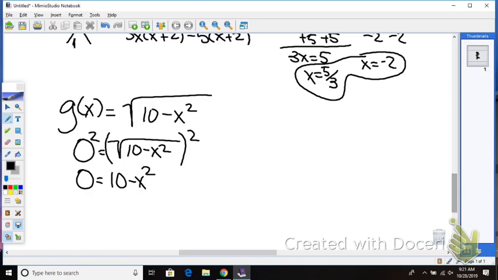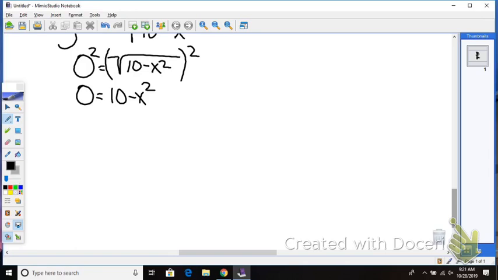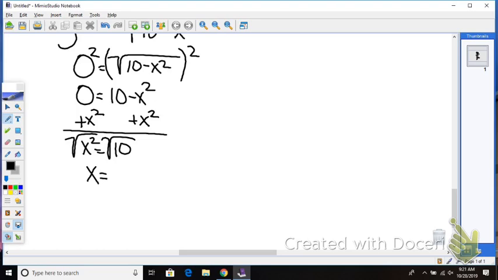Now I'm just solving for x, because I don't have two x's here, so I don't have to factor. I can just add this x squared over. So I get x squared equals 10, and how do I undo a squared now? Square root. So I don't have a perfect square for 10, so I'm just going to say plus or minus the square root of 10.